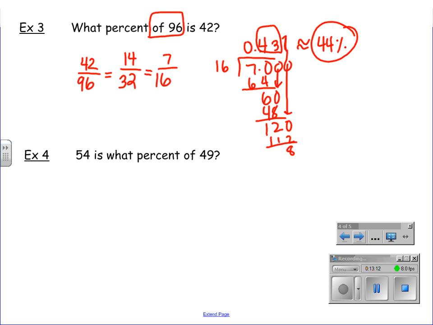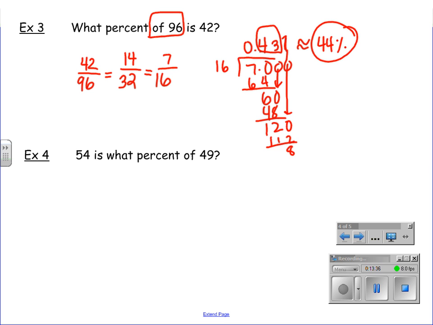Well, let's not skip it. Let's change it. Let's make it something different. Let's make it 54 is what percent of... 36. Hold on.